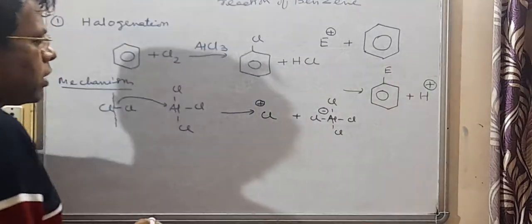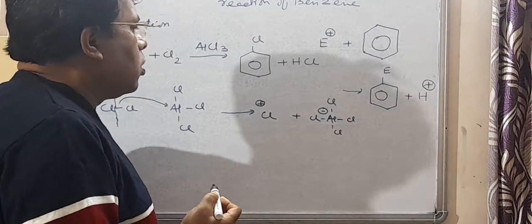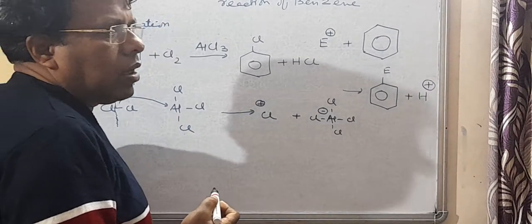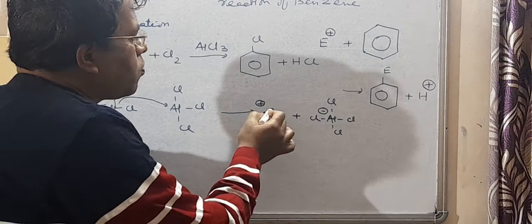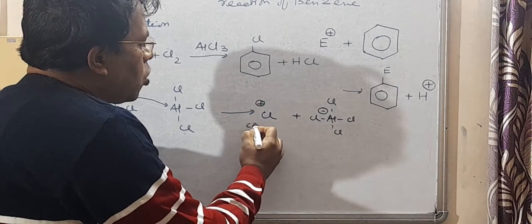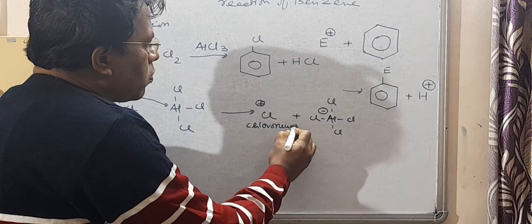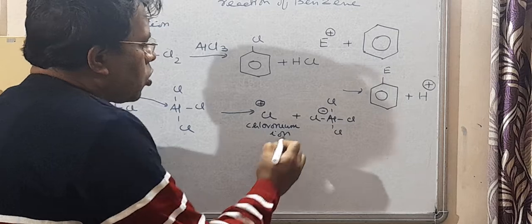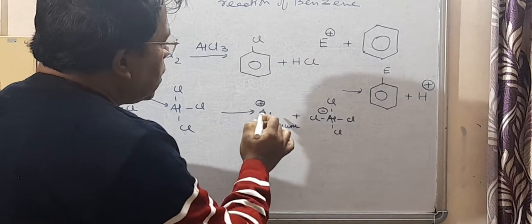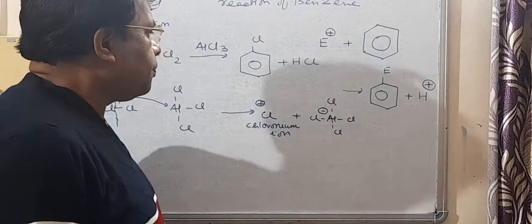So this is the first step. Here Cl plus is formed. Normally we don't come across Cl plus. The name of this Cl plus is chloronium ion, and it is the electrophile. Cl plus is the electrophile.